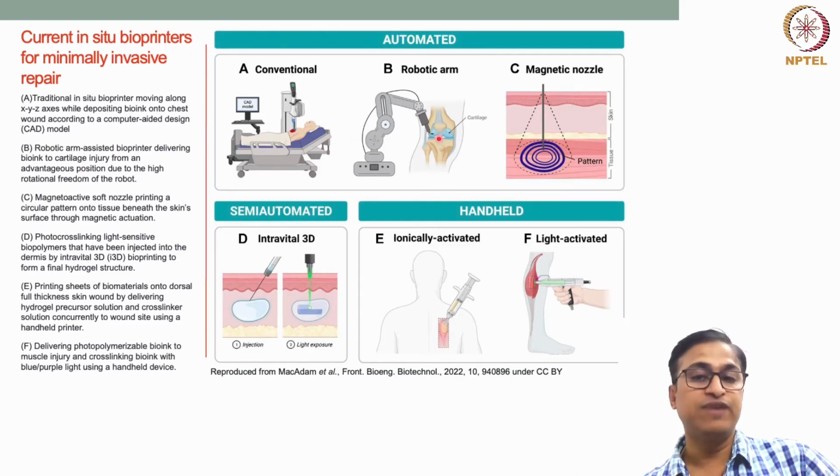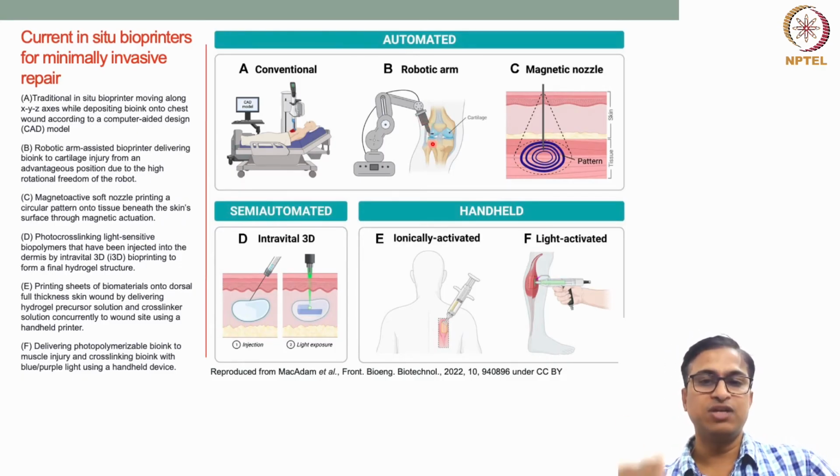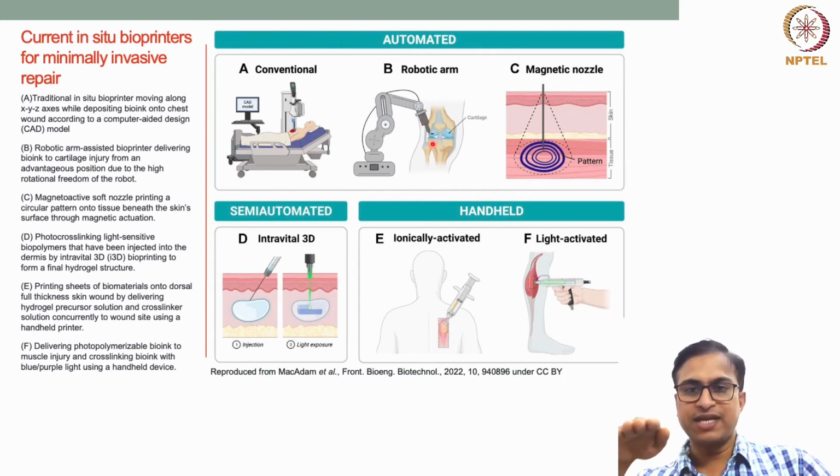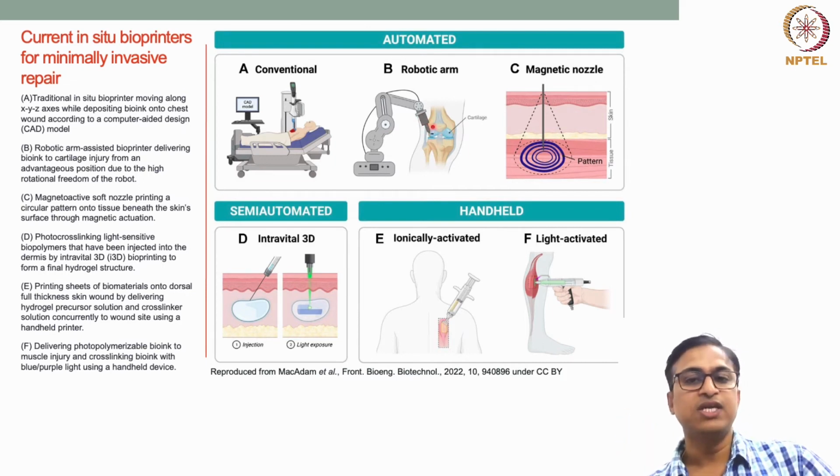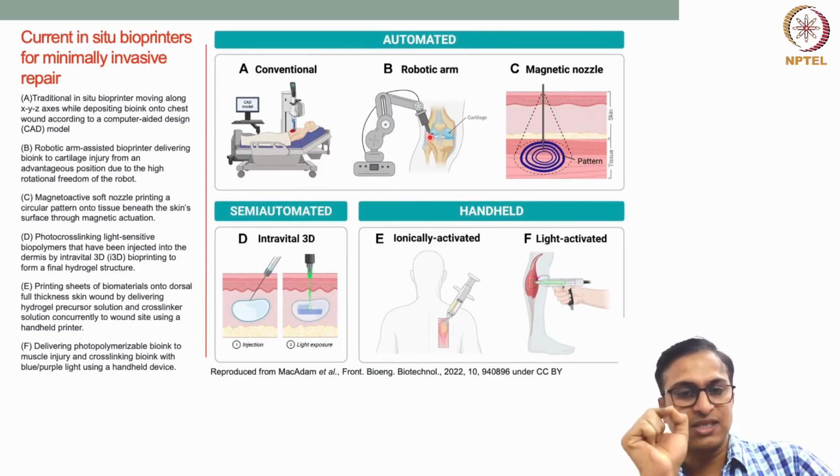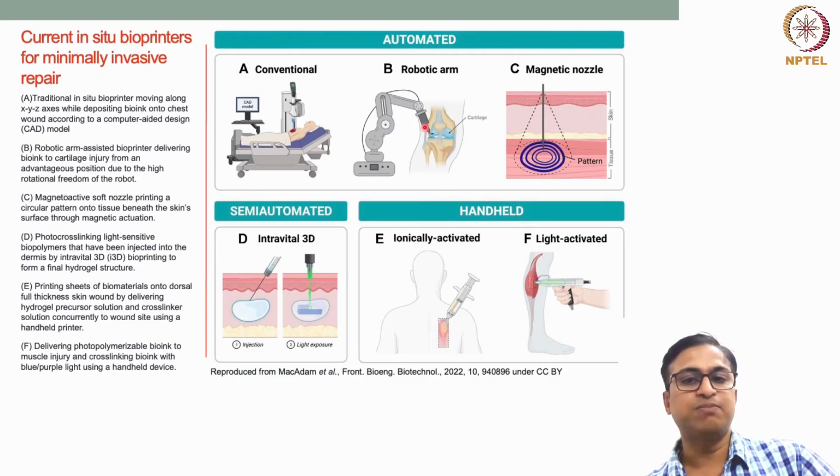within that defect. Now this definitely has advantages, because this robotic arm can position the bioink. If a small surgical cut can be made, the printhead can go into that location and print the structure, because this robot has a high degree of freedom.